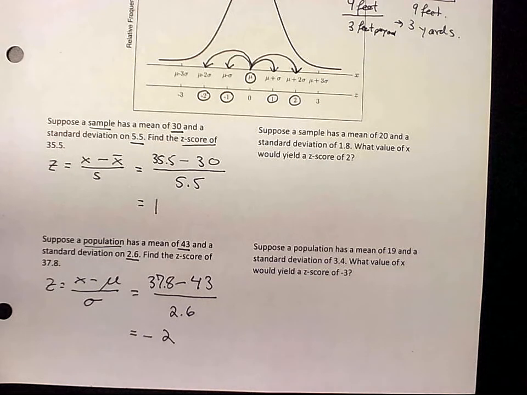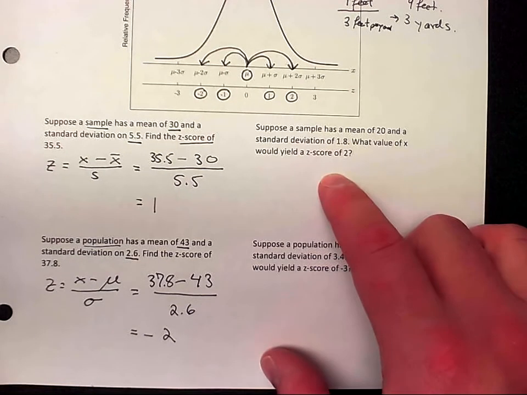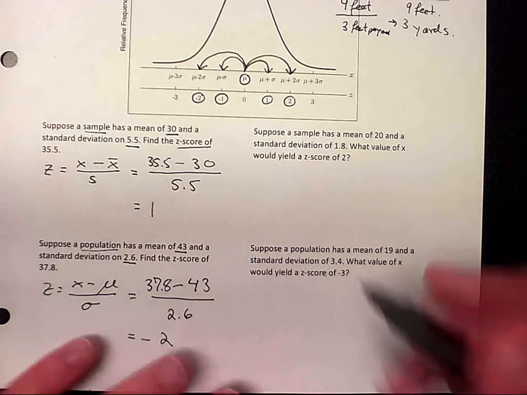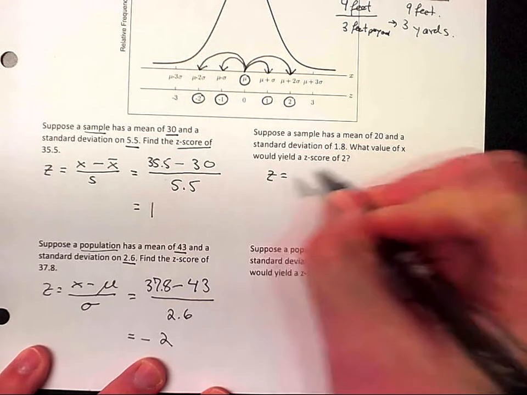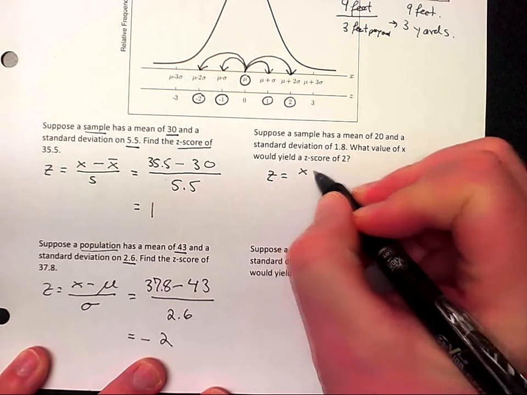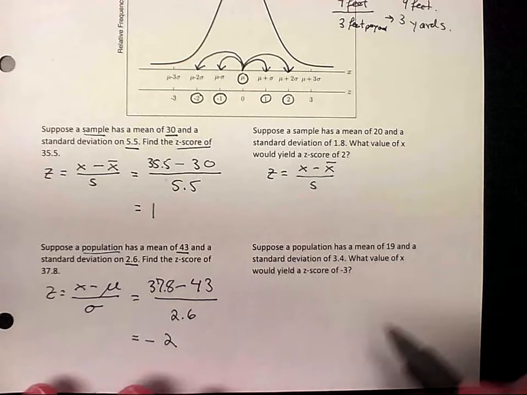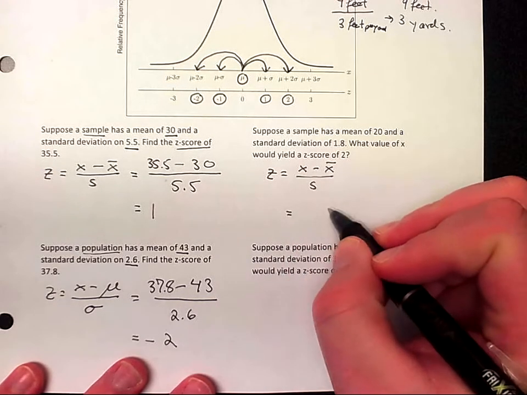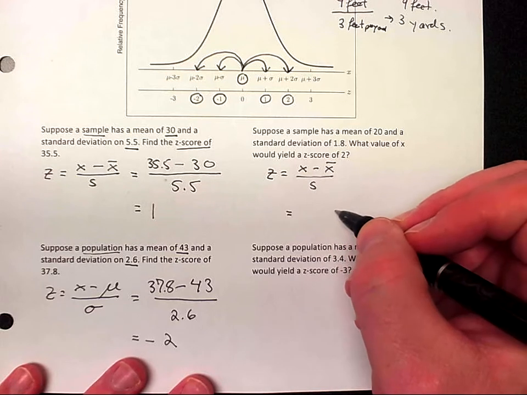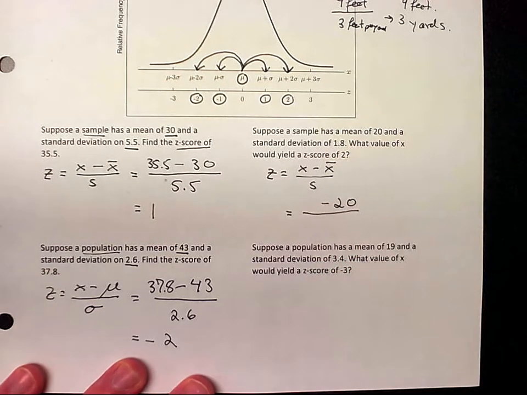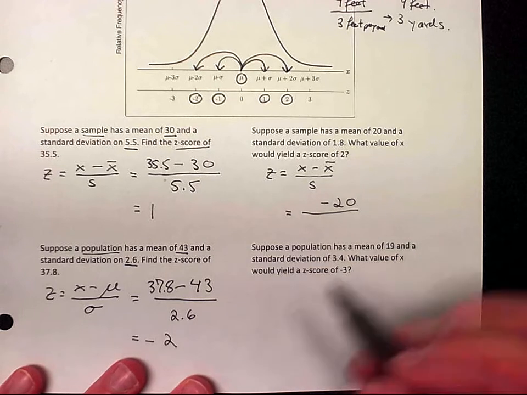Awesome. All right, so let's move on to this top right-hand example right here. Suppose a sample, so let me write down the z-value formula for a sample, which is x minus x bar over s. Suppose a sample has a mean of 20. What can I plug that in for? X bar. And a standard deviation of 1.8.